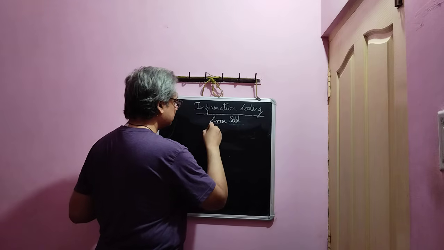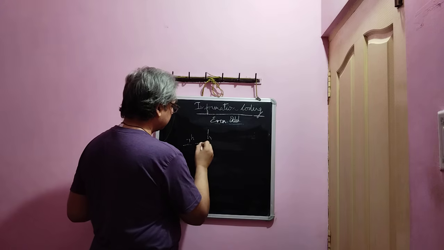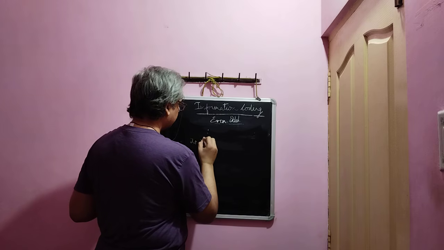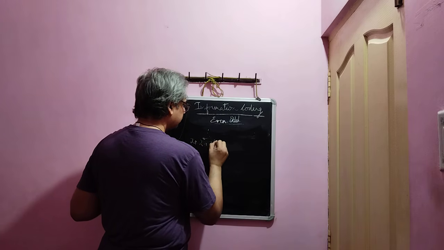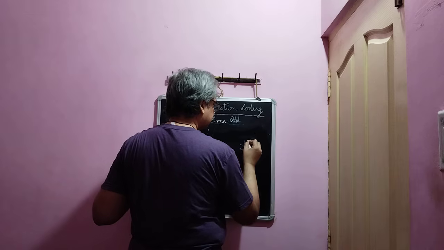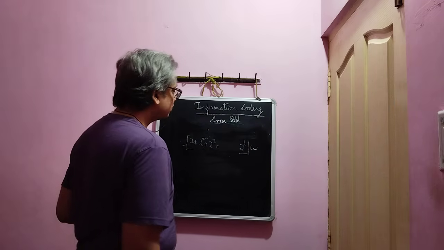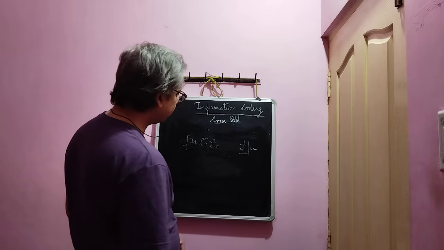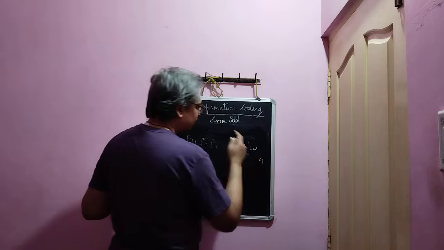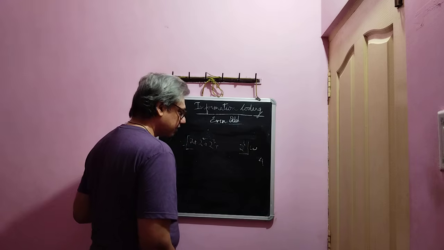If h is the height of the tree, the size of the code will be 2 power h, plus 2 power h-1, and so on, 2 square plus 2 cube, plus 2 power h times w, where w is the word size. So let's say w is 4 bytes or 32 bits, and you maintain a tree of height up to 10 levels. 8 might be sufficient, but you maintain it up to 10.